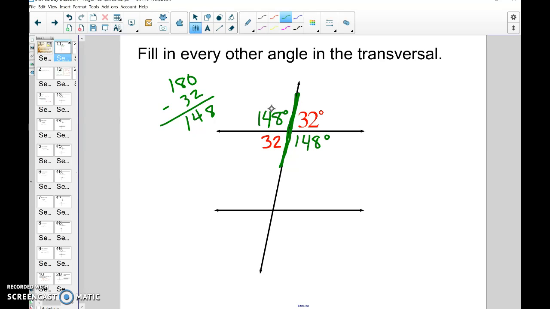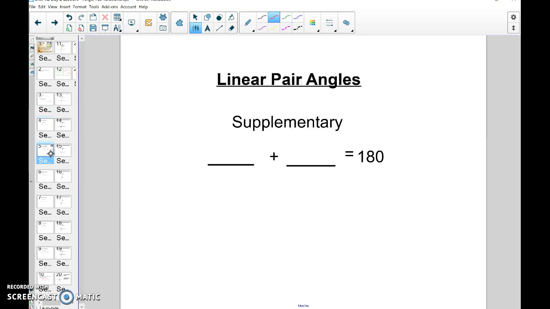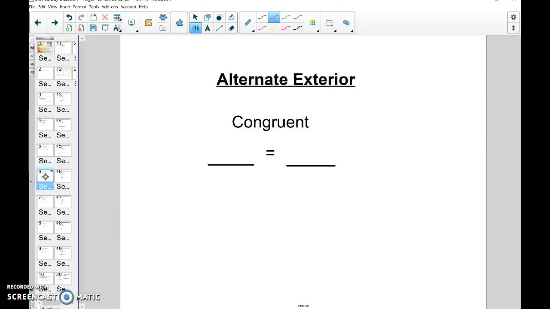Now that's awesome for this little section, but now I've got to figure out this group. Well, that's where our types of angles come in. So let's start back with our 32. We talked about way back over here that corresponding angles are congruent. I can always find a corresponding angle no matter where it is.